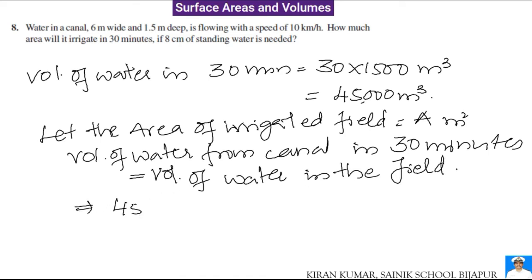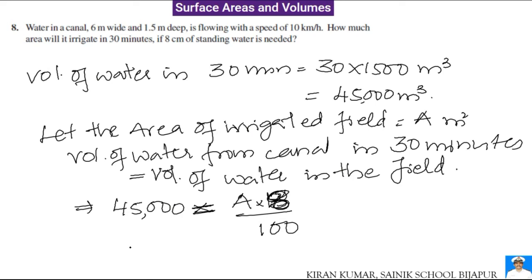Therefore, 45,000 is equal to, you have to equate this area into height. Here, very importantly, they have given it as 8 centimeter. I need to convert that into meters, so 8 by 100.